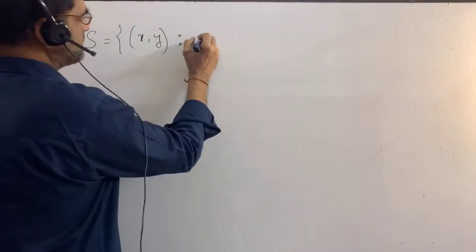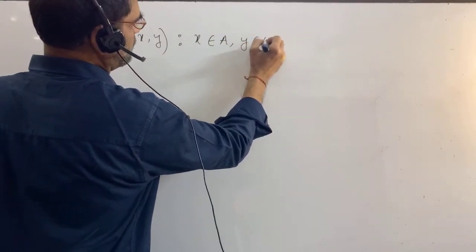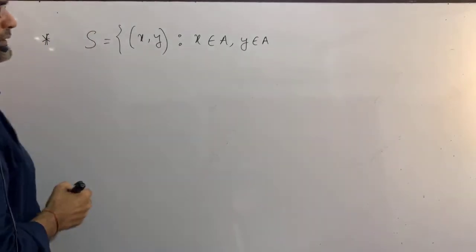where x belongs to A, y belongs to A, okay, is it?